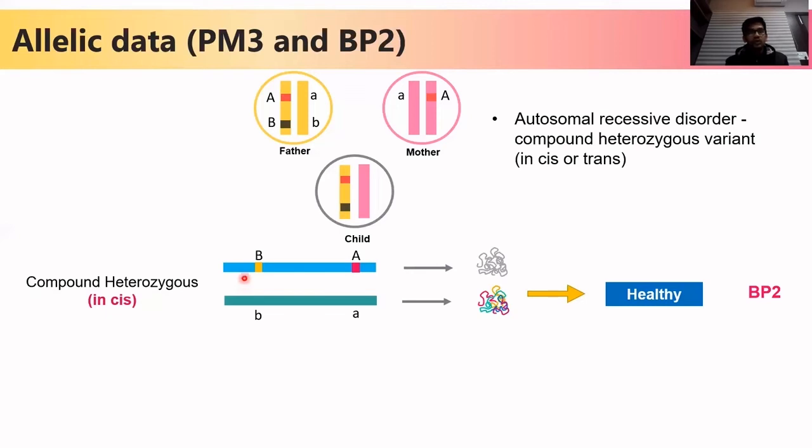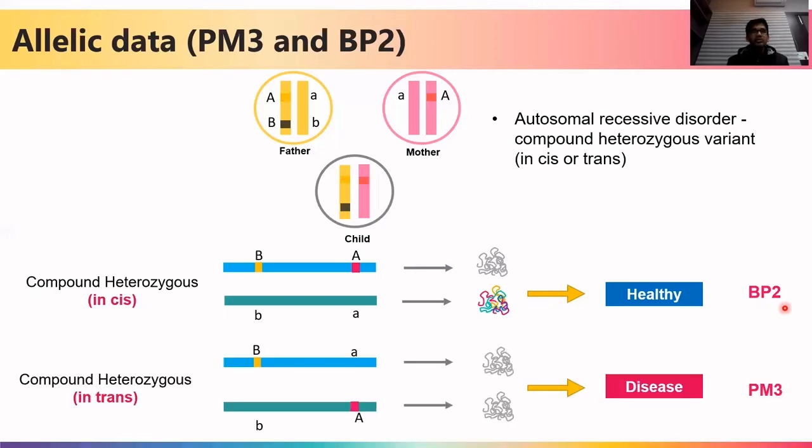If both mutations are in the same gene copy, then this particular copy won't be able to form the protein and won't function properly. But the other copy of the gene is functioning properly, forming a protein and functioning in the right manner. So the person will be healthy and won't be suffering from any disease. So this is supporting evidence for the benign variation, so we'll mark that variant as BP2.